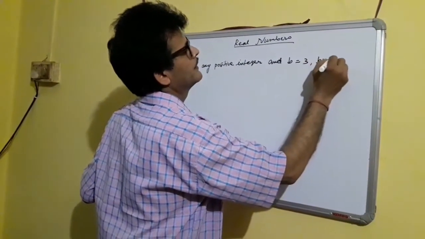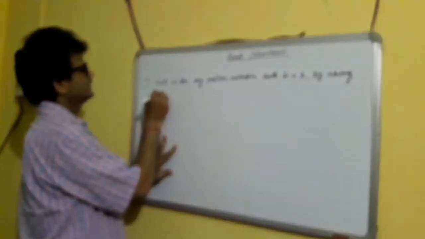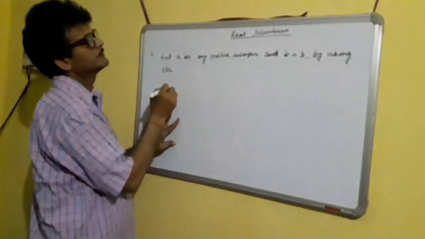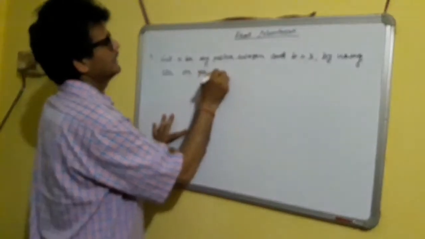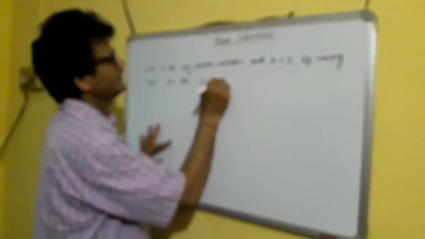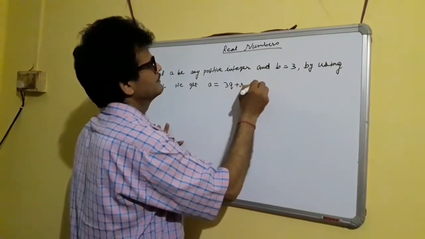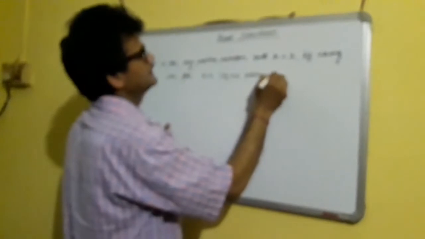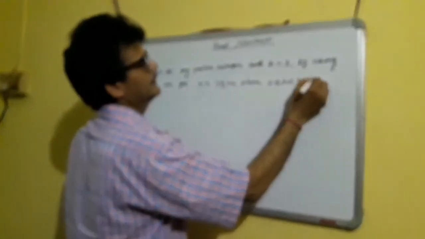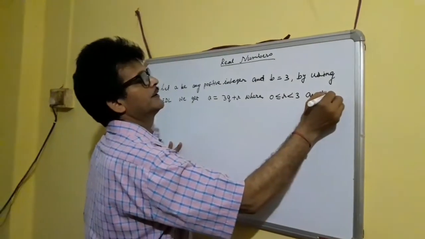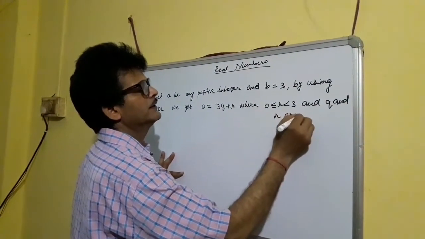By using Euclid's division lemma, we get a is equal to 3q plus r, where 0 is less than or equal to r, r less than 3, and q and r are integers.